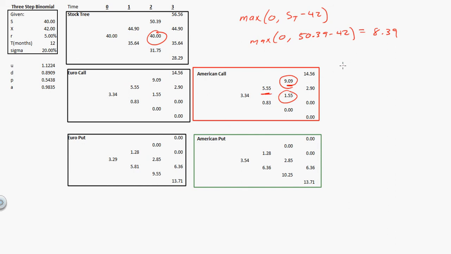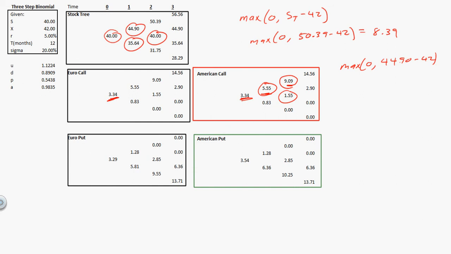Let's look right here, 5.55, that would be the max of 0 and 44.90 minus 42, that's $2.90. I'd rather keep it alive. There's no place in this example where I would exercise a call early, so they have the same value. And like I said, that's always going to be the case.